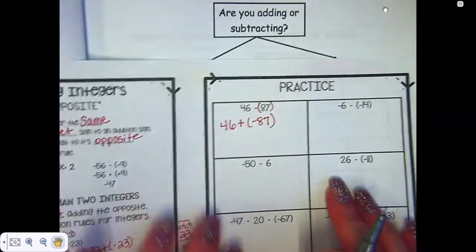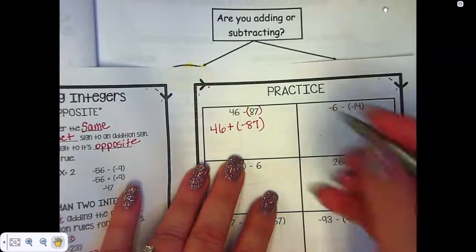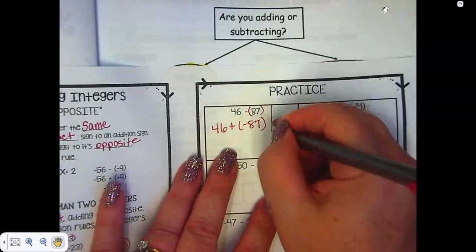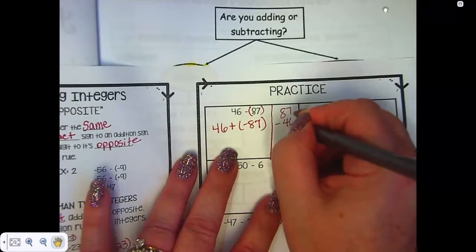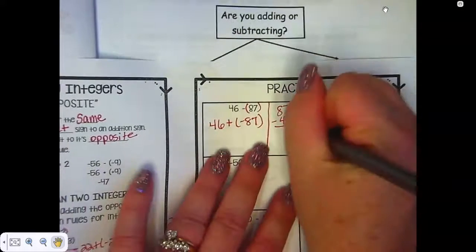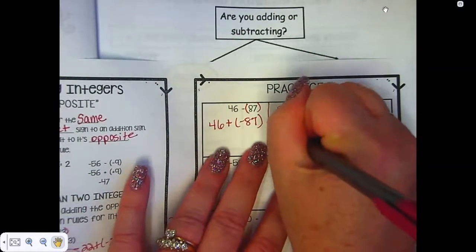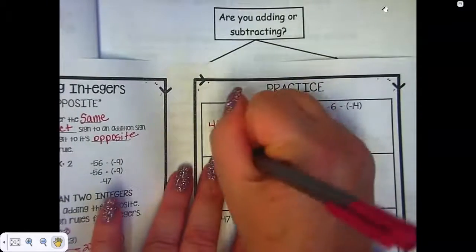The signs are different, so what do we do? Subtract their absolute values. I'm going to do that right over here. 87 minus 46. And what do we get? 41. And is it going to be positive or negative? Negative 41.